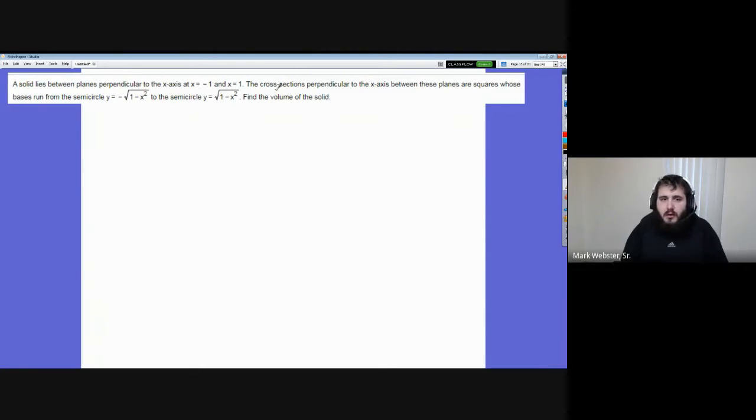That's important. And then the cross sections are squares, and the base of the square runs from this semicircle to this semicircle. First of all, notice that the semicircles they're talking about are the same except for a negative sign. They're just talking about a circle, right?